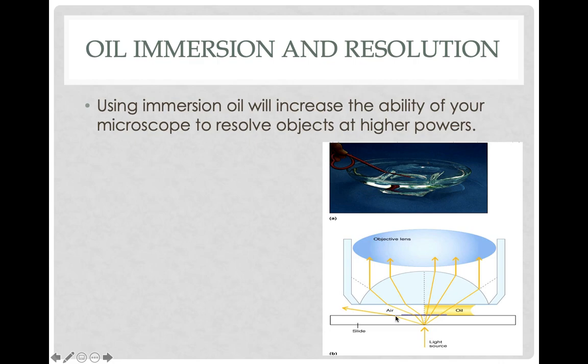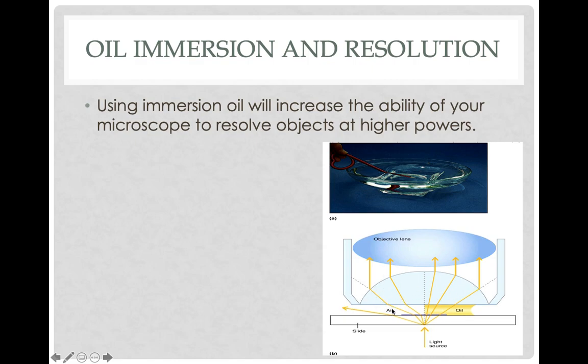So the light source would come up, hit the slide, deflect off to the side. Whereas it comes up over here, hits the slide, deflects off, and then is directed by the oil up into the objective lens. So oil allows way more light to come into a microscope the closer you get.